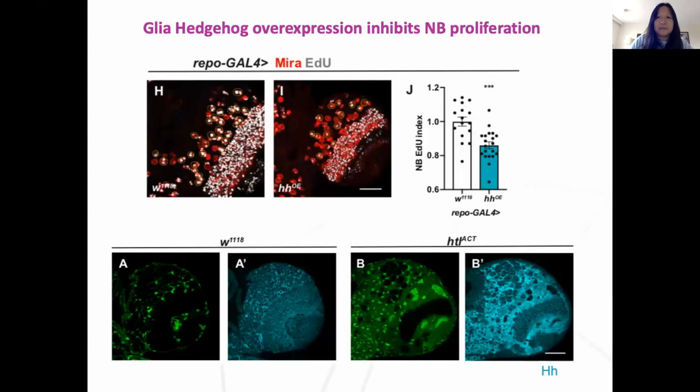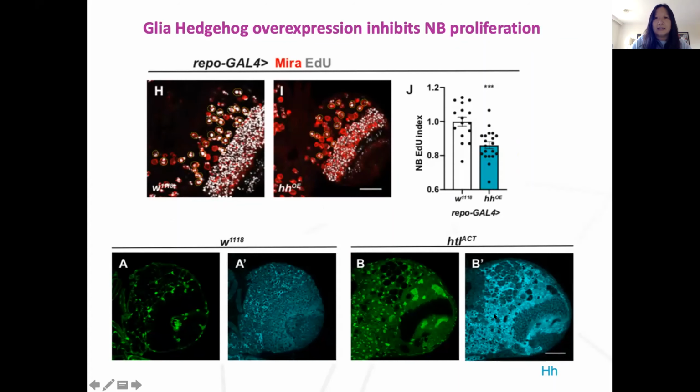So to test this, she thought it would be interesting to look at whether there's increased hedgehog in this context of glial-FGF activation. And indeed, there's a really dramatic increase in the amount of hedgehog in the glial niche.